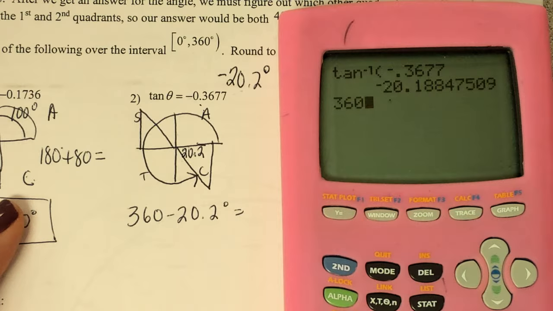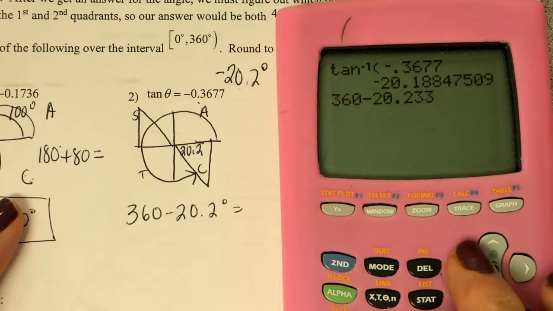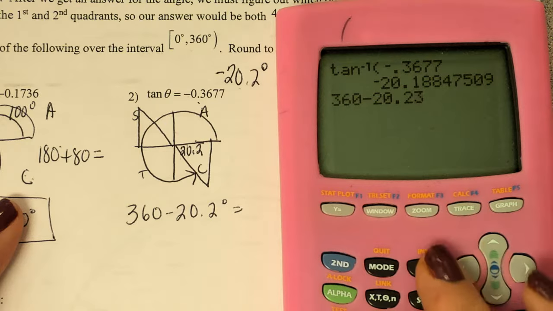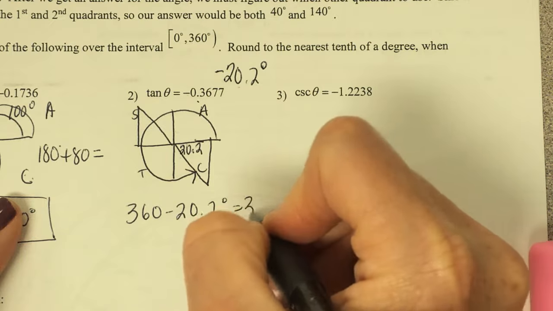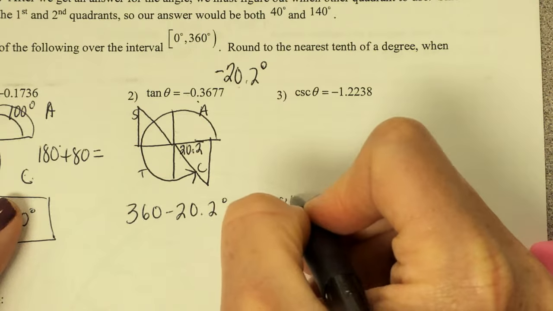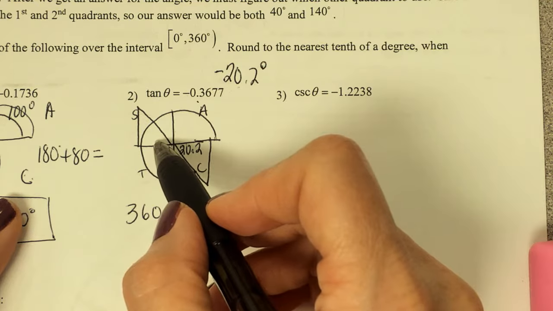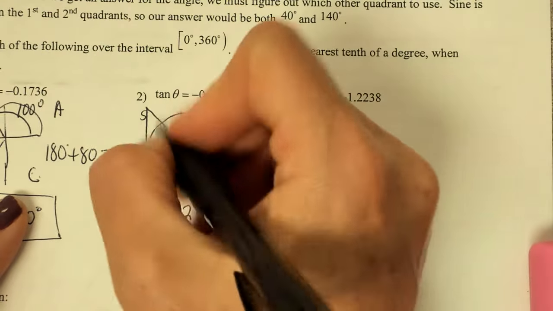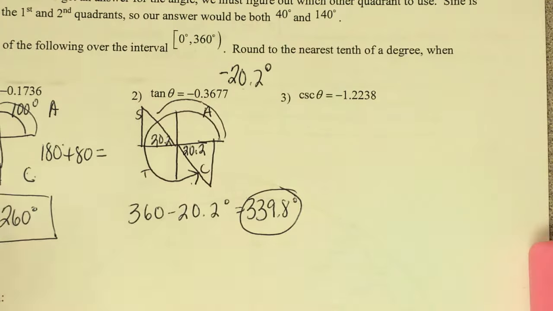So 360 minus 20.2 gives me 339.8. So that's this angle here. Well, I also have to find this angle. Think about how you would find it. This is the reference angle, 20.2. How do you find that angle? Find it, and then I'm going to call on you.